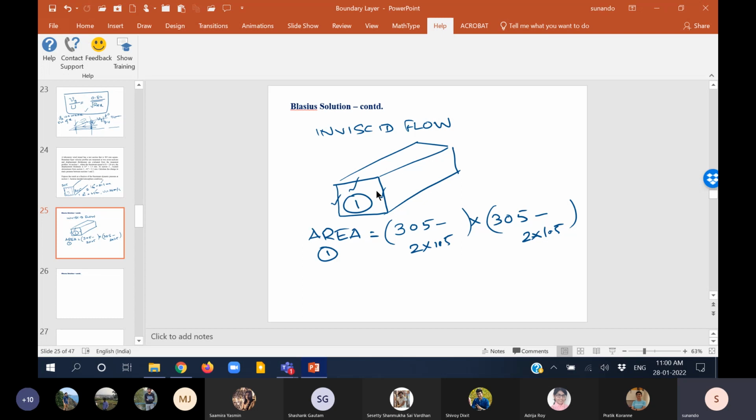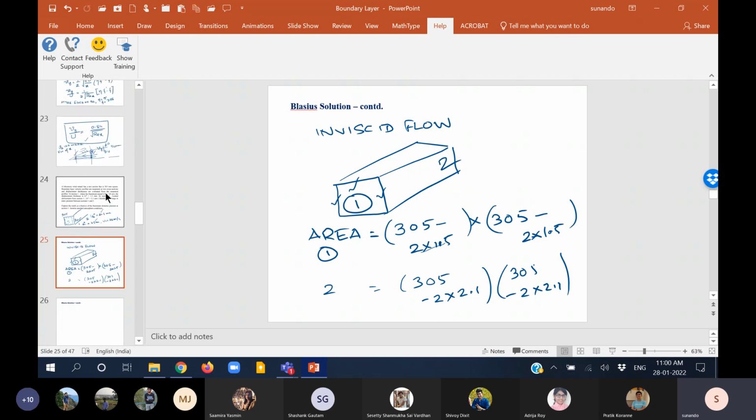So if I constrict the area by this much from both sides, then what I have is a new area through which the flow can be treated as inviscid, and at location 2 it is simply going to be 305 minus 2 into 2.1, this much millimeter square. So at 1 and 2 the flow is inviscid now.